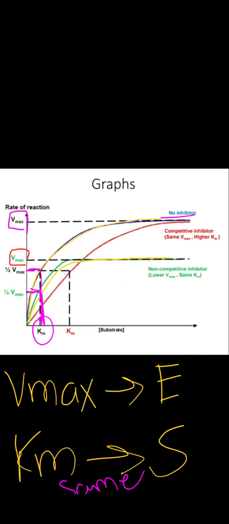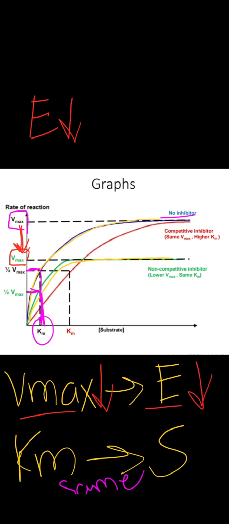Vmax of the non-competitive inhibitor goes down. Why? Again, I said that the enzyme concentration decreases because the enzymes are getting destroyed by the non-competitive inhibitor. So it makes sense why the Vmax decreases, because the Vmax depends on the enzyme. If the enzyme decreases, the Vmax decreases. That's why the Vmax of the non-competitive inhibitor decreases.